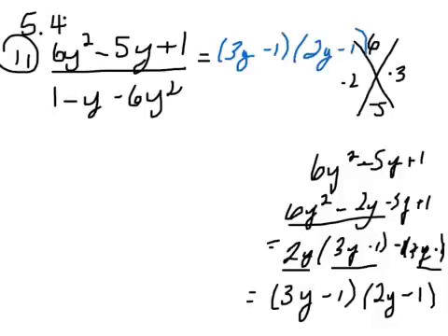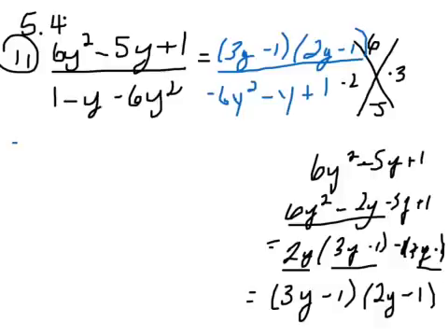Now I've got to factor the bottom. First of all, I'm going to put it in the right order. The y squared term comes first, so that would be negative 6y squared, minus y plus 1.